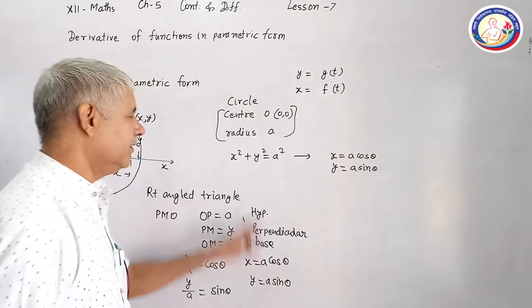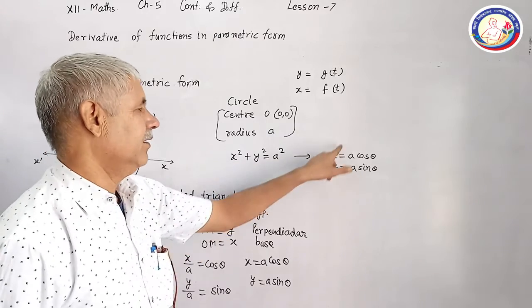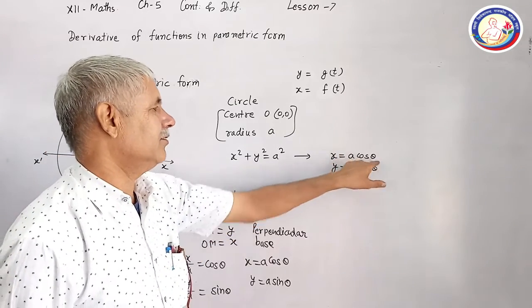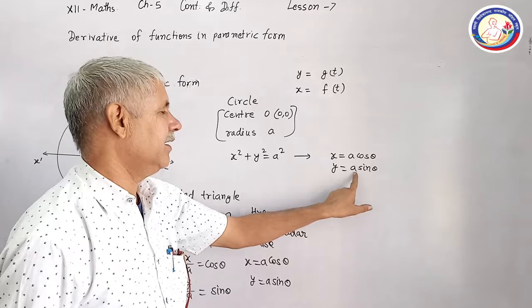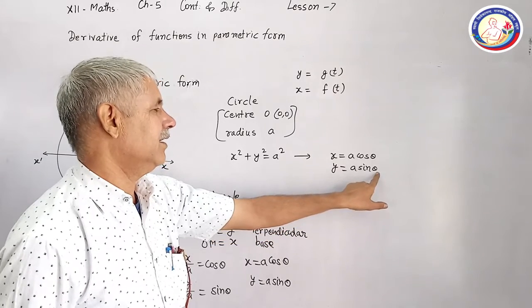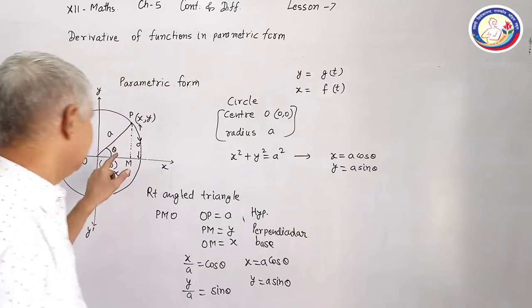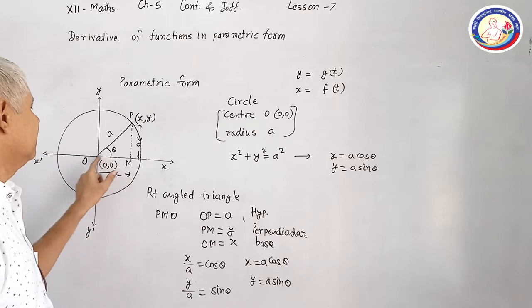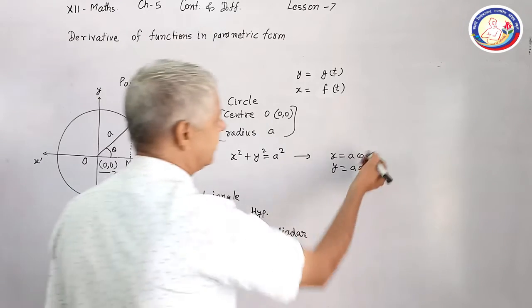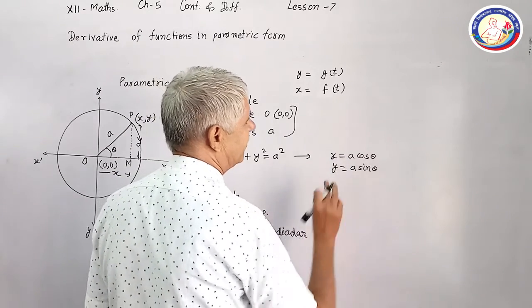So we have written this equation of the circle in this form, where x is a cos theta and y is a sine theta. a is the radius of the circle and theta is the angle which the radius makes with the initial line. So this is another way of expressing it. This is called parametric form.